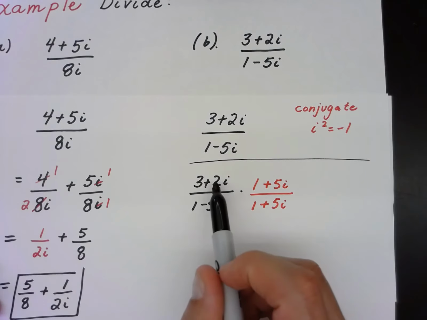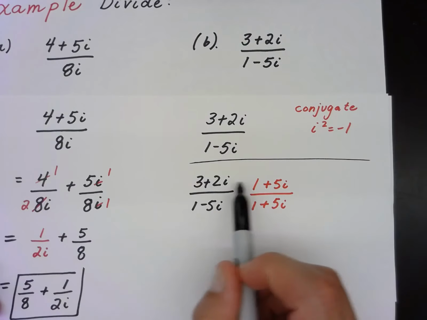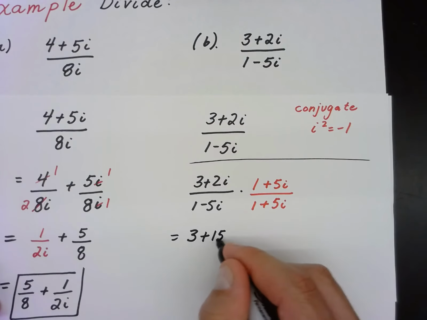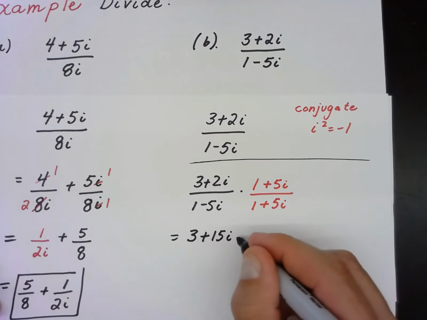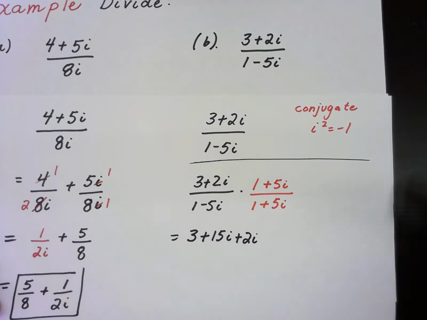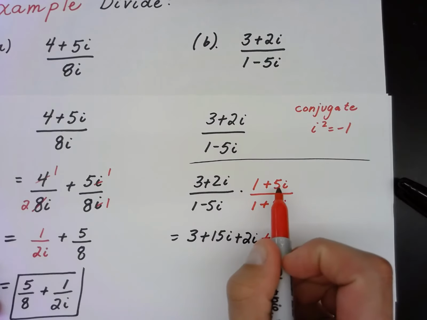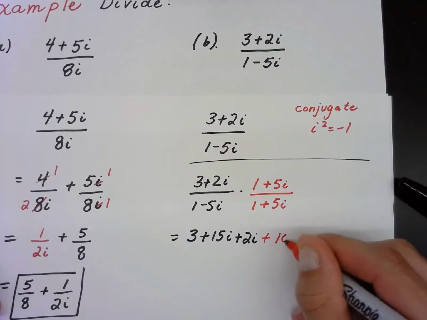And then it becomes a distributive property all the way through. So we're going to take 3 times 1 is 3. 3 times 5i is 15i. 2i times 1 is 2i. And the last term I'm going to put in red because I take 2i times 5i, which is 10i squared.